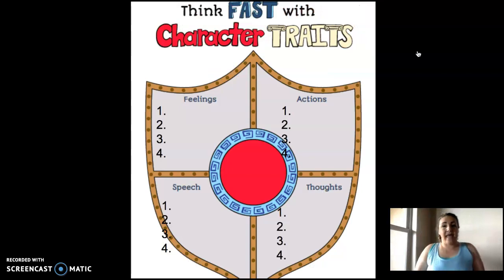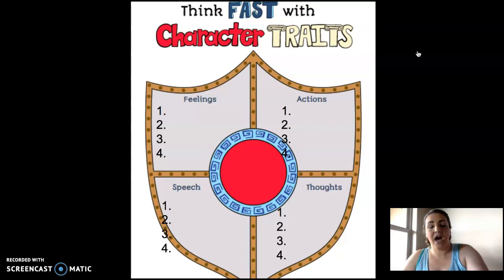Okay, the next slide, guys, this is your graphic organizer you're going to be using today. Now, Miss Nunn put a little note on here that says it's always best before you read a story to know what questions you're going to answer, or what graphic organizer you're going to do before you read the story. So here on this shield, think fast with character traits.